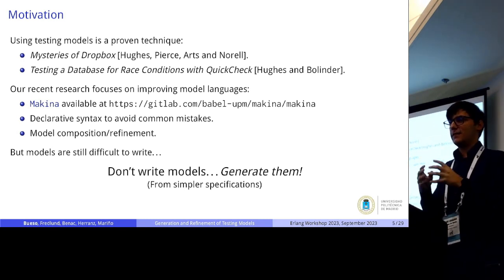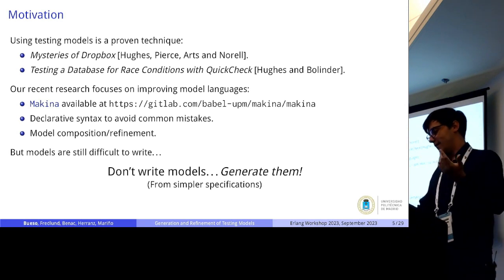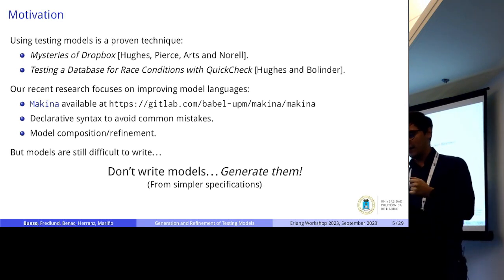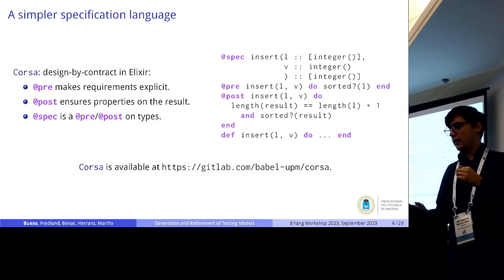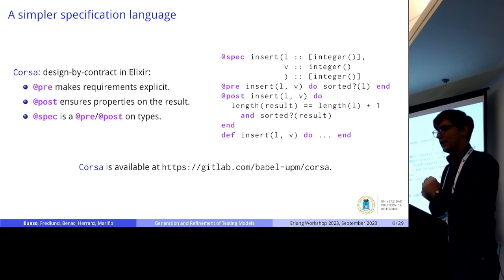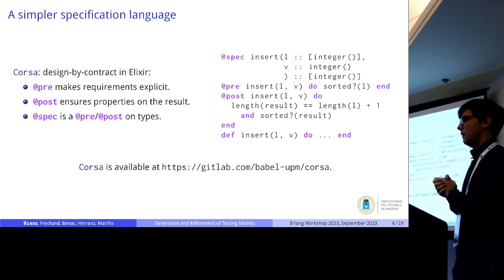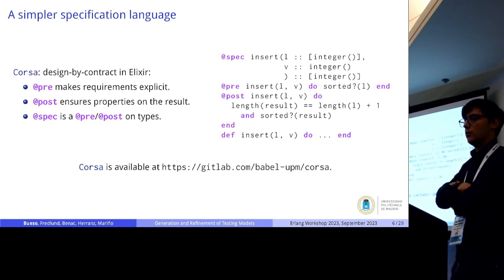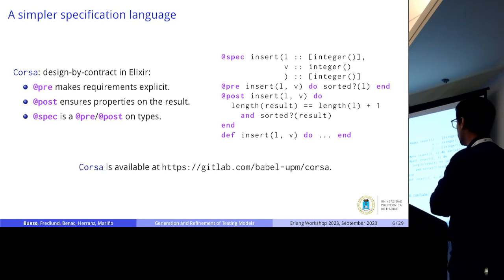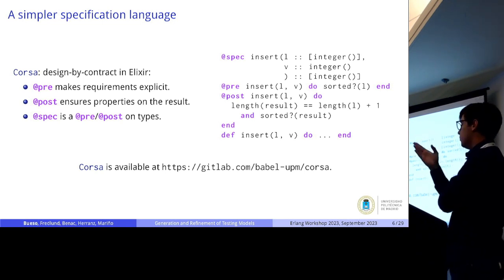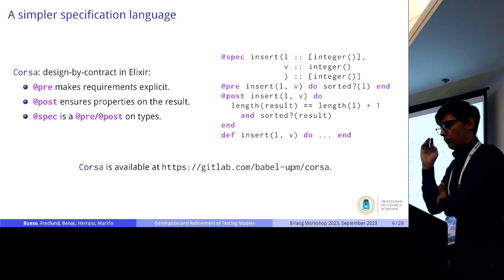So let's dive into what we mean by simpler specifications. Here I introduce a simpler specification language. We introduced this Corsa library last year, which introduced design by contract in Elixir. And basically, we are going to focus on three kinds of contracts.